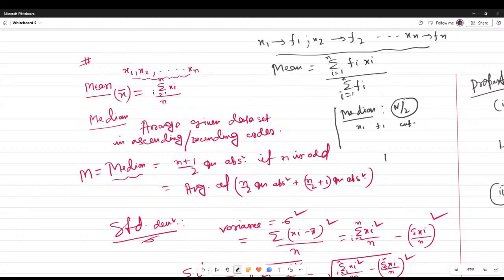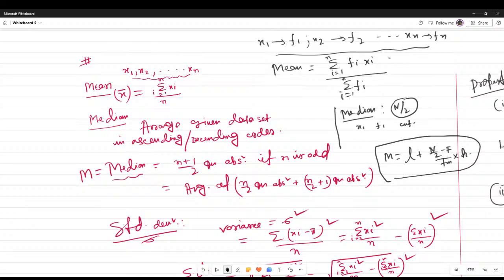Then the median will be lower limit of median class plus N by 2 minus F by fm into h. Remember it? fm is the frequency of the median class. Capital F stands for the cumulative frequency of the class just before the median class.